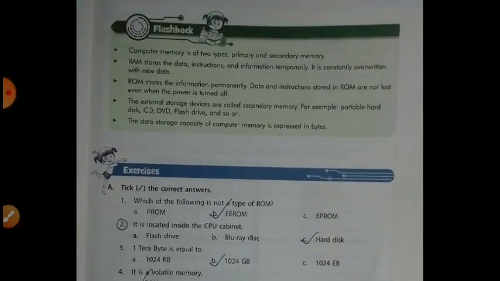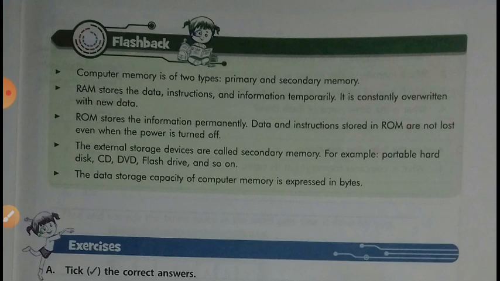Here you can see the flashback. Dear students, computer memory is of two types, primary and secondary memory. As I have already told you, first is primary and second is secondary memory.